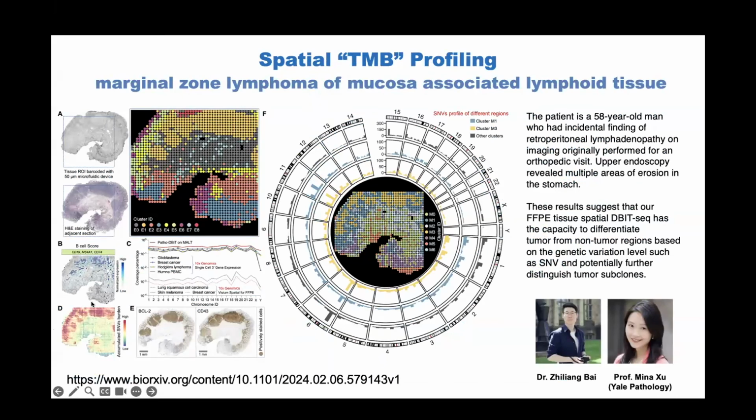You can see a high SNV region really corresponds to the malignant tumor cells as indicated by the specific staining used in pathology. If you perform mutation-specific, untargeted clustering on all those mutations, you can even resolve the different subclones within the malignant cells based on the mutational landscape.